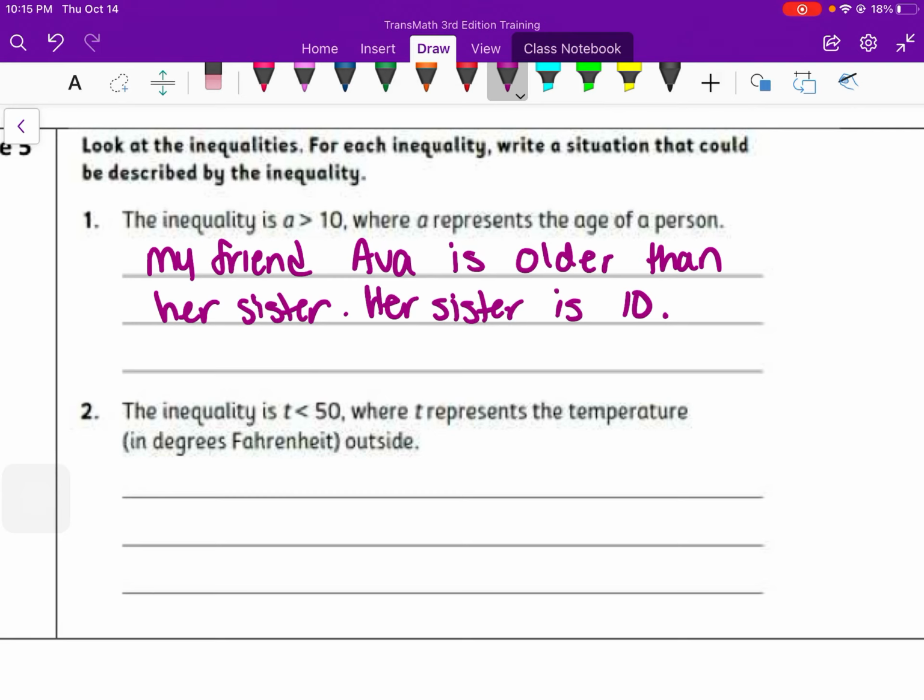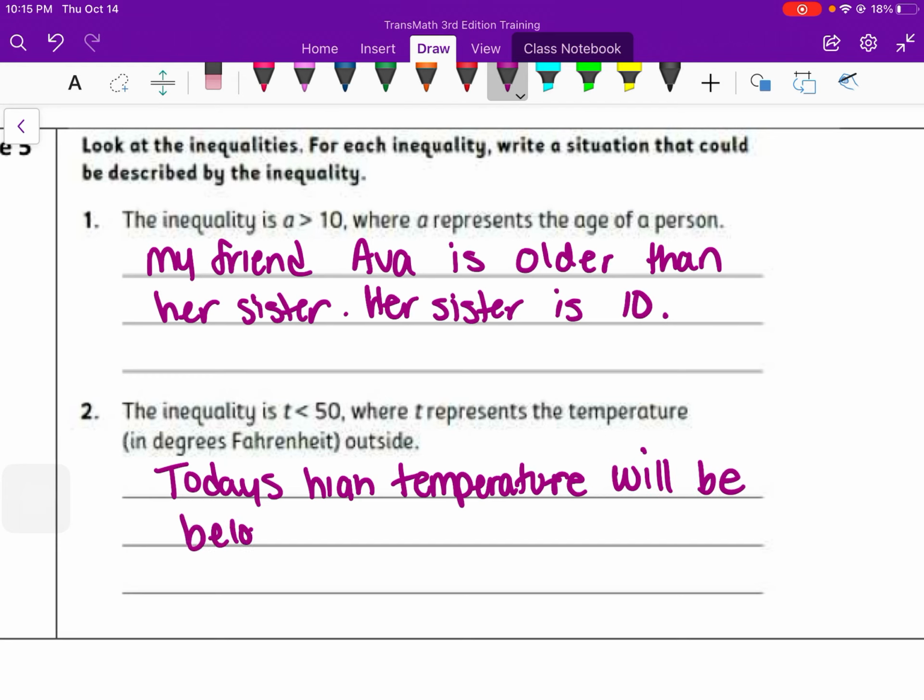Okay, the inequality is T is less than 50, where T represents temperature. So you could say today's high temperature will be below 50 degrees.